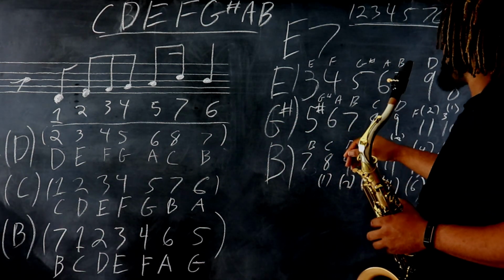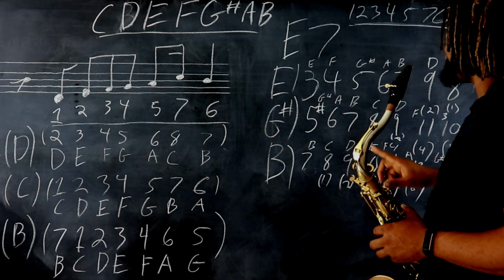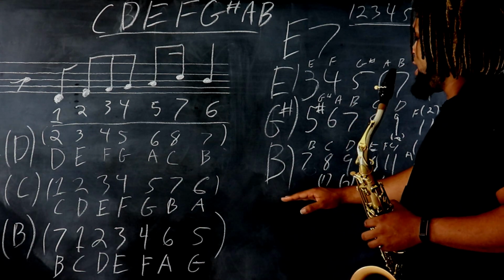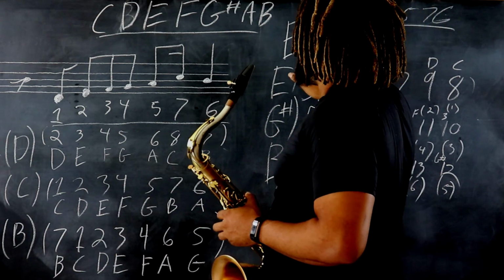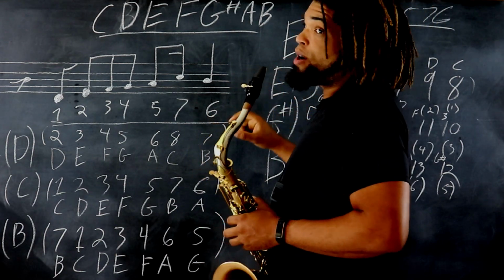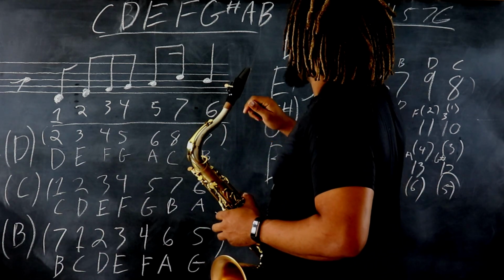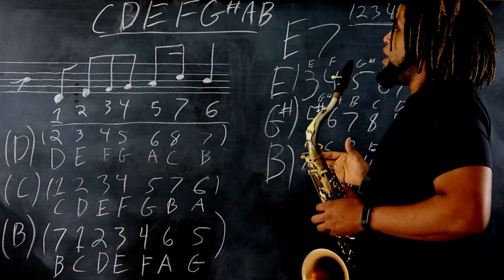So I've got it written out here, and I'll play it for you. Now, one thing to keep in mind, as I mentioned in the last video, this E7 is a prominent chord in Autumn Leaves because of the G sharp it presents in harmony.